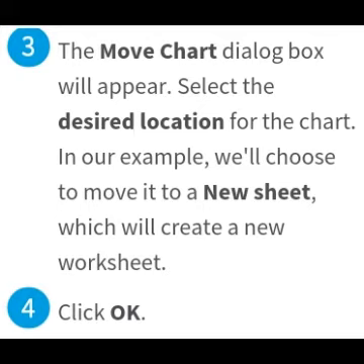The Move Chart dialog box will appear. Select the desired location for the chart. We will choose to move it to a new sheet, which will create a new worksheet. Click OK.